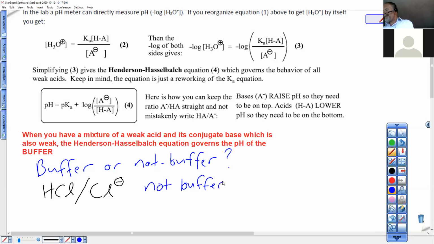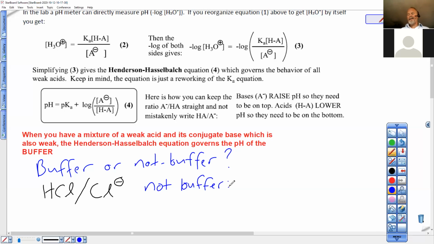I know I've got the definition in words up here, but I like the definition in concept. Buffers work by being able to neutralize external acids or external bases. That means if I add an acid to a buffered solution, that acid will be neutralized by the base in your buffer.